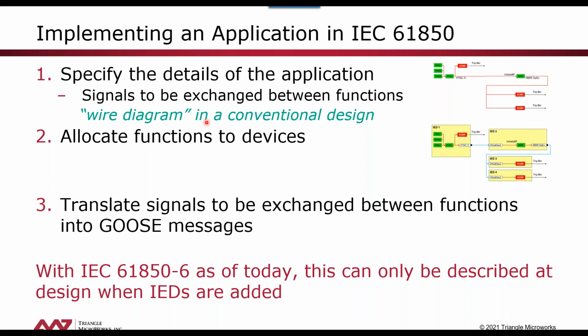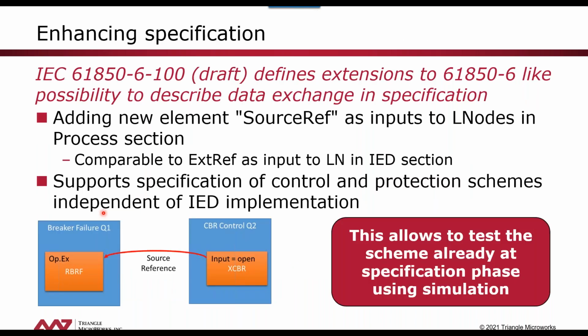We then will allocate functions to devices, and at the end, we have to translate the signals that need to be exchanged between the functions of the devices into GOOSE messages. With IEC 61850 part 6, as it is today, this can only be described at design when the IEDs are added. And that's why, as Thomas already mentioned, we wanted to get a step further.